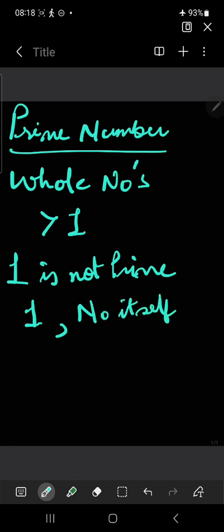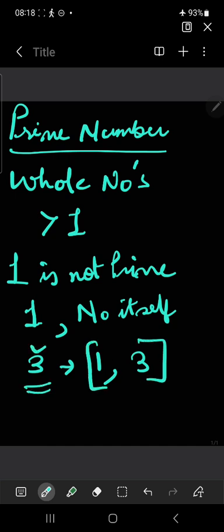Suppose I take an example of 3. If you find the factors of 3, then 3 is divisible by 1 and 3 itself. No other number will divide this 3. So there are two factors of 3, and so 3 is a prime number. In place of 3, if I take 6 and we find the factors of 6, it is divisible by 1, 2, 3 and 6.